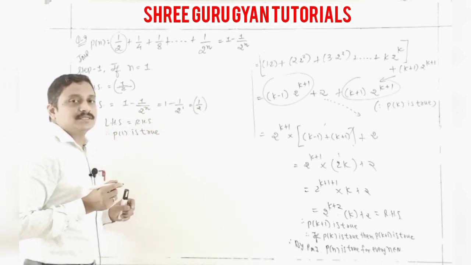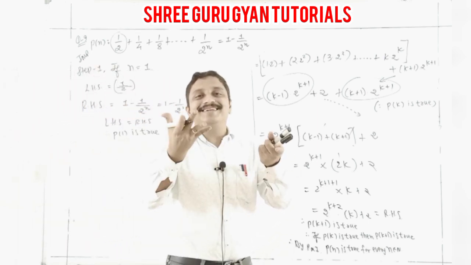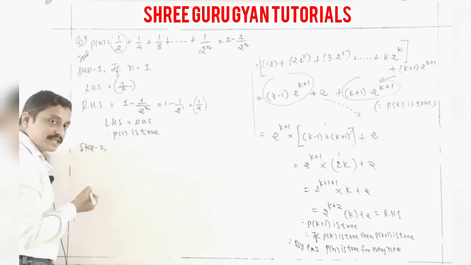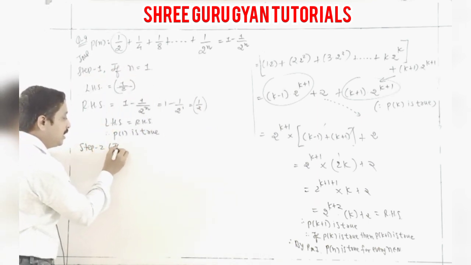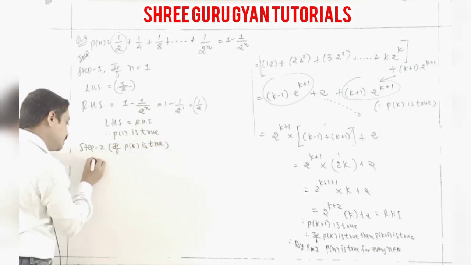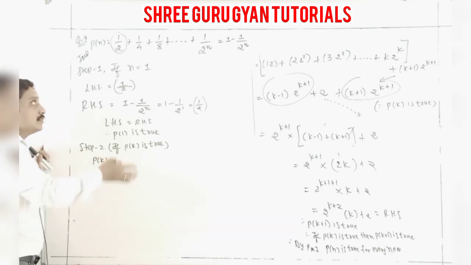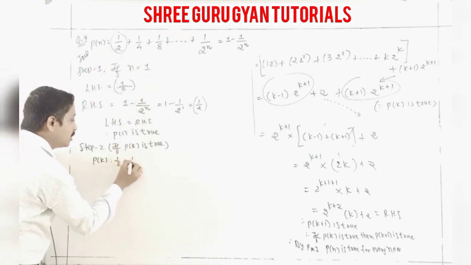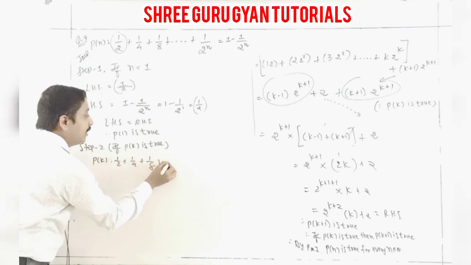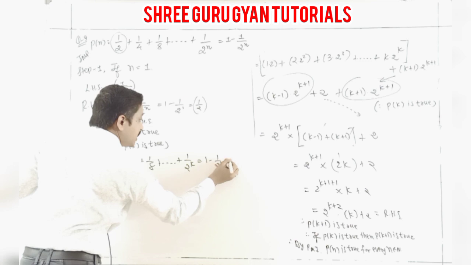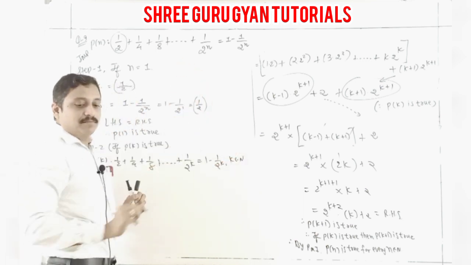Now students, your first step is happily done. Now going to step 2. What is step 2? If Pk is true. So what is the P of k? This whole equation I again write down in terms of k. Yes students, k belongs to natural number.